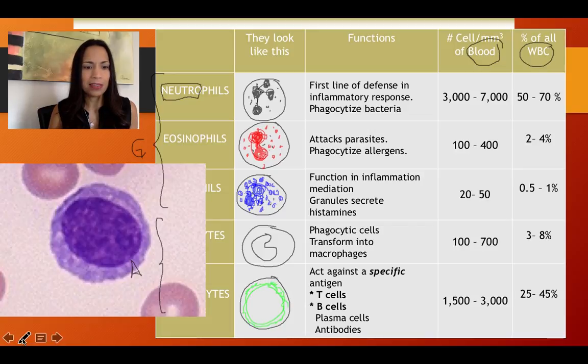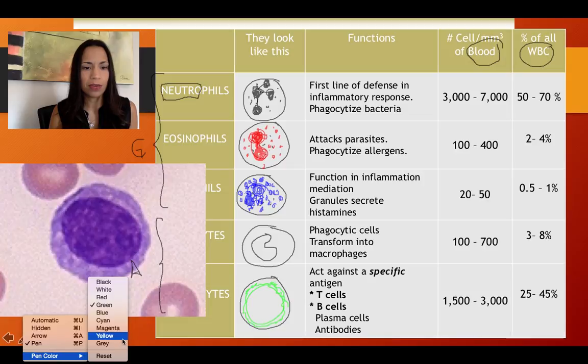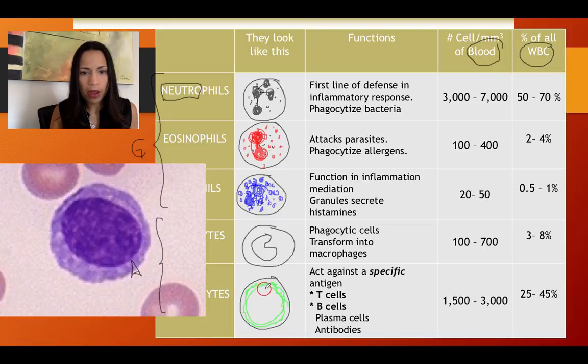And this is your big seed, brown, black. And this is your nucleus. That is a lymphocyte, a gigantic, enormous nucleus. This is a pretty small cell with a big nucleus and a tiny little cytoplasm surrounding that big nucleus.